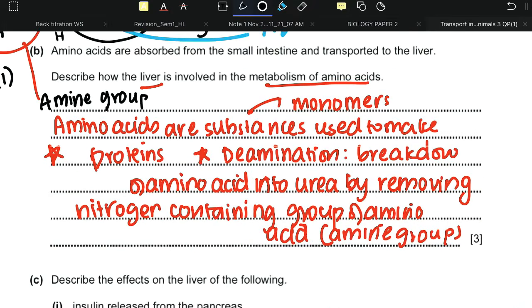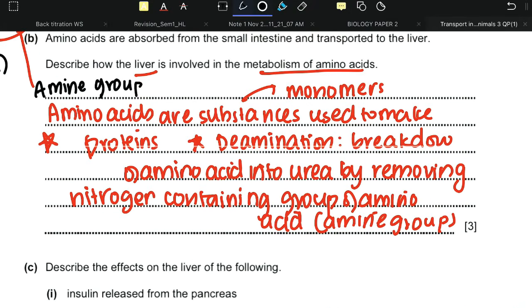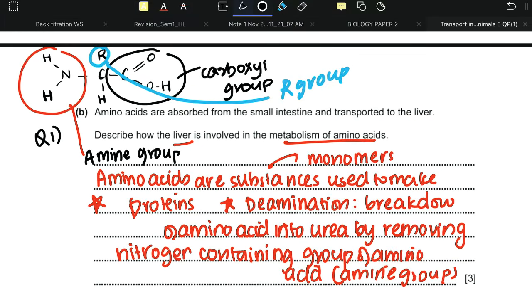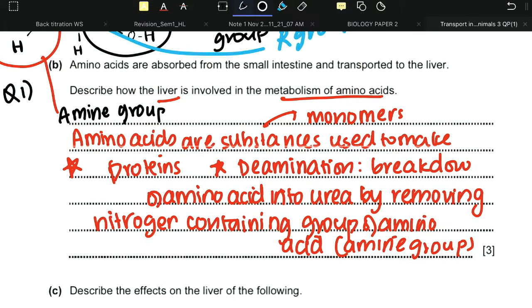All right, so that was the next point. Something else you can add here is that we have talked about deamination, what exactly it is, and we've talked about the formation of urea. You can also add that, because the amino acid is made of this carboxyl group, the carboxyl group, or the carbohydrate part of the amino acid, can be used for production of energy in respiration.